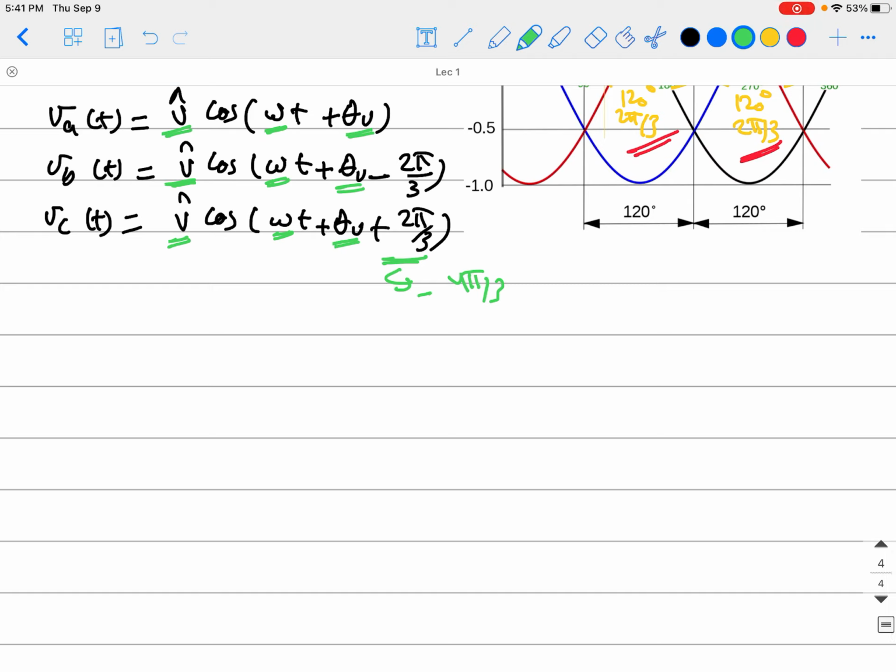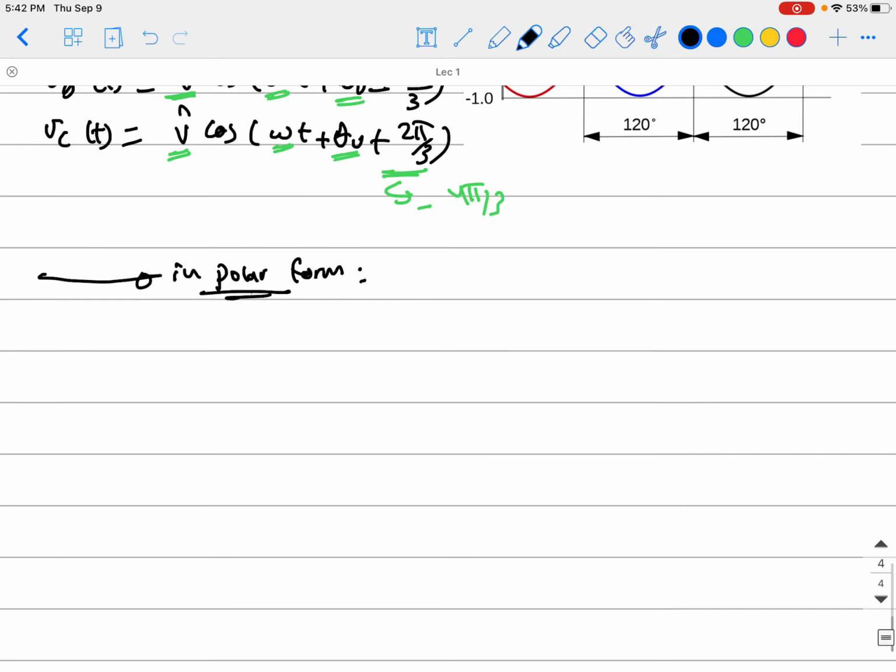That is the instantaneous form of them. If you want to go to polar form, VA equals V with angle theta V. VB equals V, the same magnitude, with angle theta V minus 2 pi over 3.